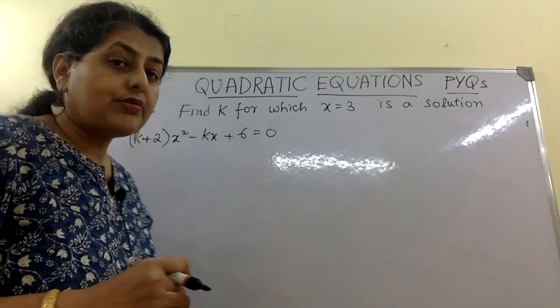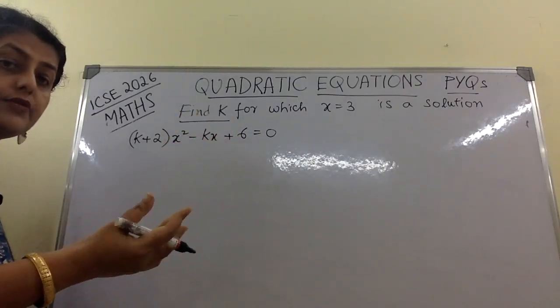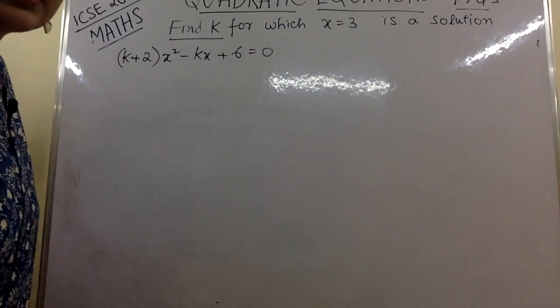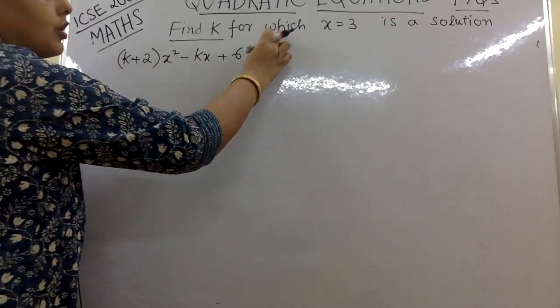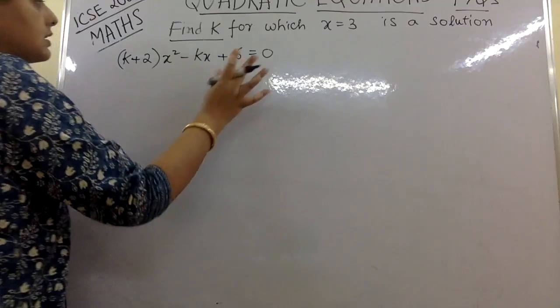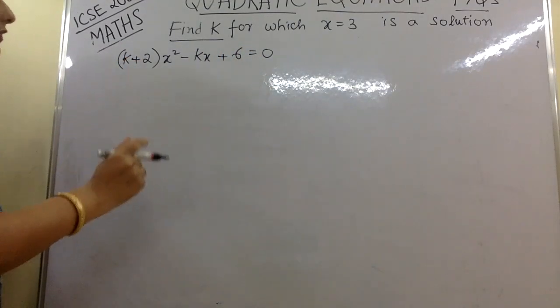Okay, so let's start quickly. Find k. So the sum is, we have to find the value of k for which x is equal to 3 is a solution. Now this is the polynomial, this is the equation that has been given to us.